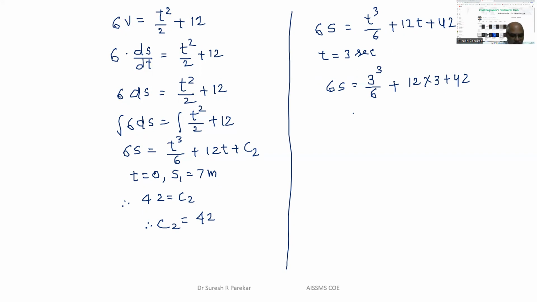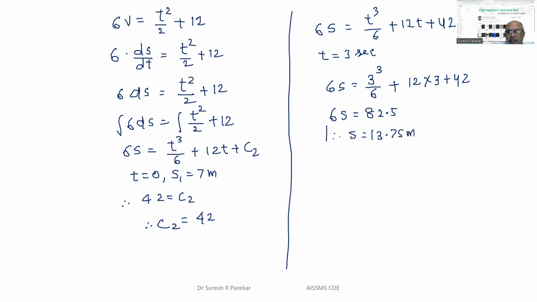First we have 27 by 6, so it comes 4.5, plus 36 plus 42, and it comes 82.5. So we have 6s equal to 82.5, and therefore s equal to 13.75 meter.